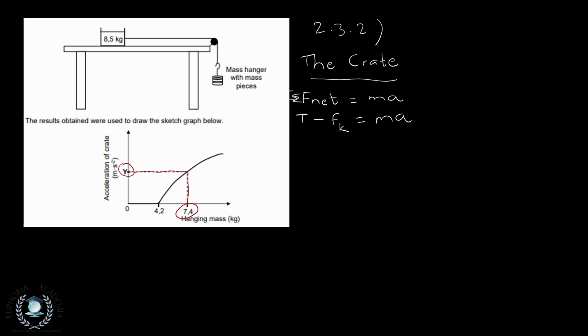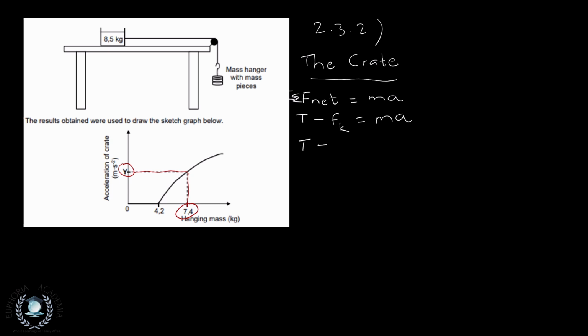All right, so let's do our substitutions. Now we can't use the tension from the previous question because we have motion now, so this force is going to be different. We're going to be pulled by the mass hanger differently in terms of magnitude.